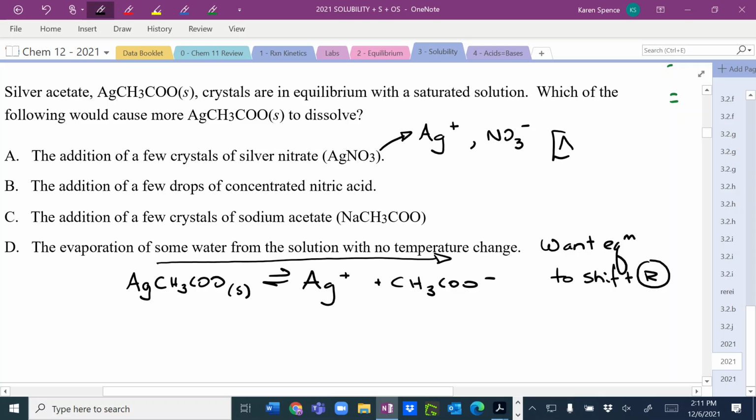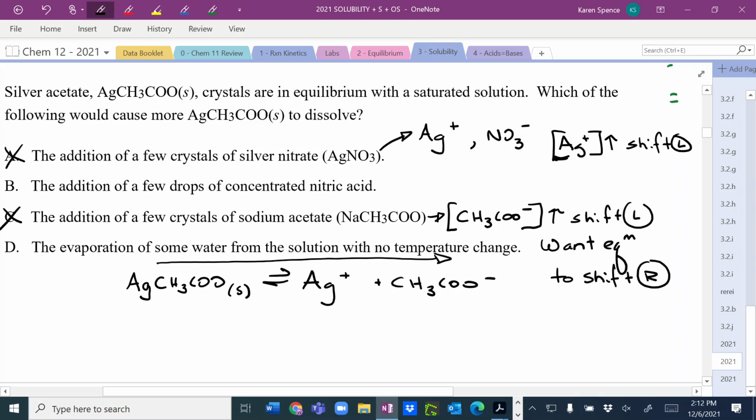If the concentration of Ag plus goes up, which way will our equilibrium shift? It'll shift left. Is that what we wanted to happen? No. And in fact, the similar thing is going to happen here, because we're going to get CH3COO minus being produced. Therefore, the concentration of CH3COO minus goes up. And again, it's going to shift left. So that's not the answer, and that's not the answer.